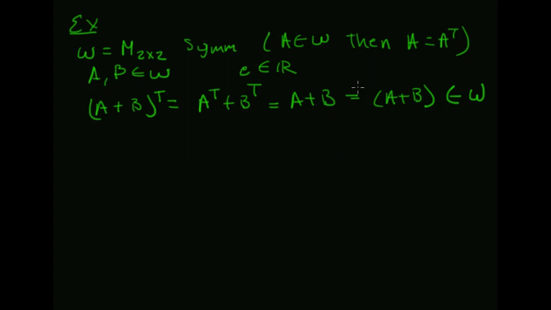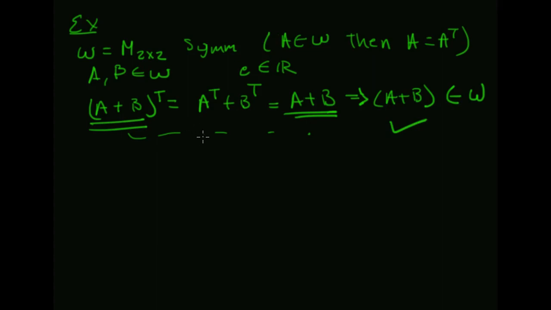This is an implication here, that A plus B is in W. How do I know that? Because the transpose is equal to itself through this reasoning, which means that the matrix A plus B is symmetric, which means A plus B is in W. So we're closed under addition.